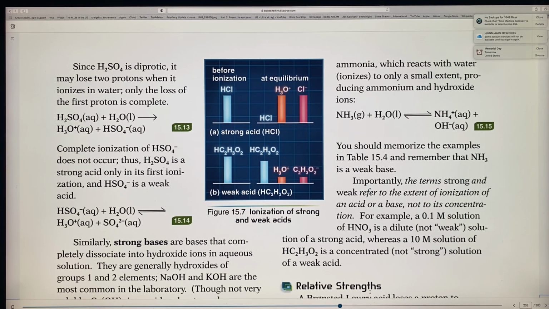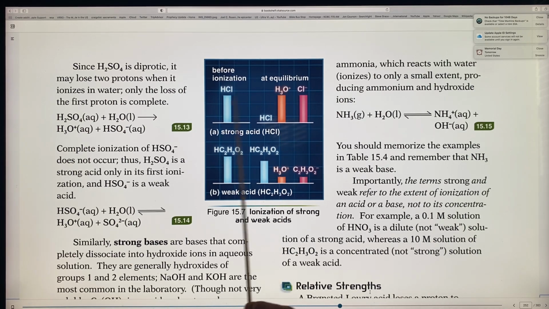So here we have the ionization of strong and weak acids. This is a strong acid, hydrochloric acid. It's always strong. It's in your stomach. Before ionization it's very strong, and at equilibrium it goes to completion. All of it changes to hydronium, the acid indicator, the H3O+ ion.